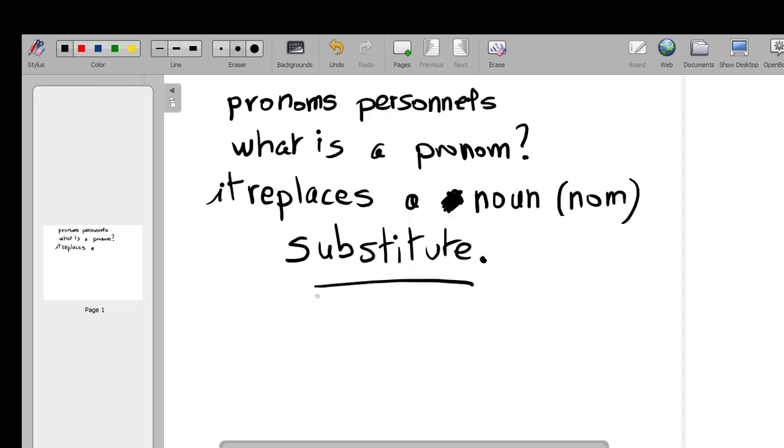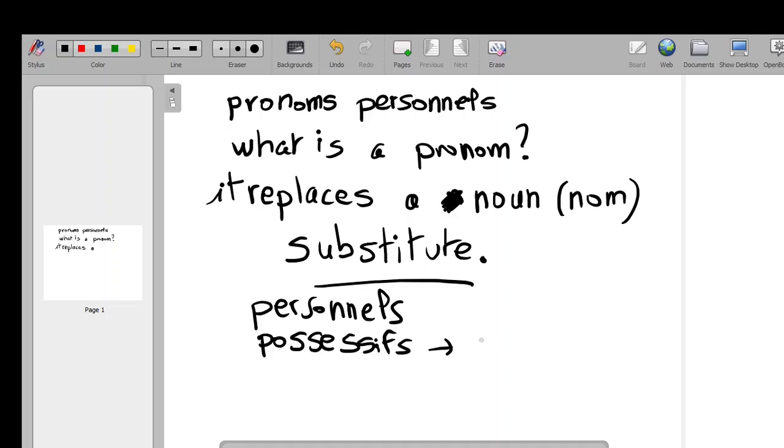Okay, so there are many categories of pronouns. So you have pronom personnel, which I'm going to talk about today. You have pronom possessif, like le mien, mine.